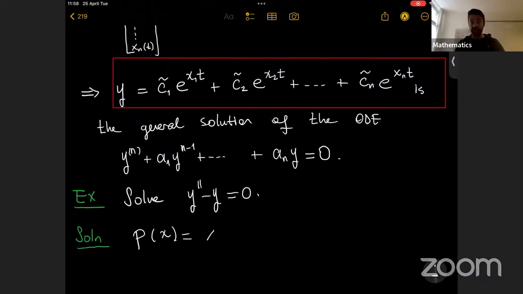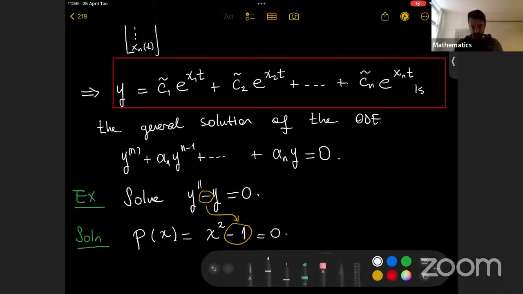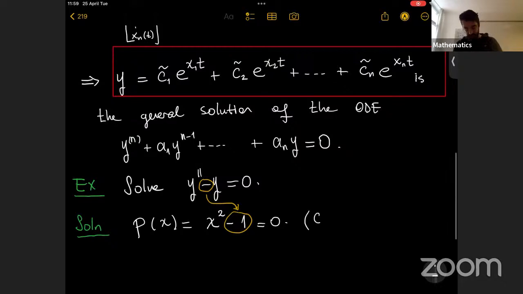It's an order 2 equation, so we will have a degree 2 polynomial, lambda squared minus 1, right, is equal to 0. That's it. The minus 1 comes from here. Then what are the roots? So this is the characteristic equation.